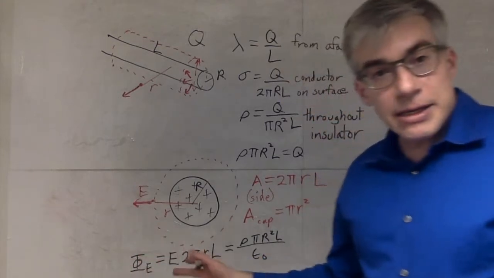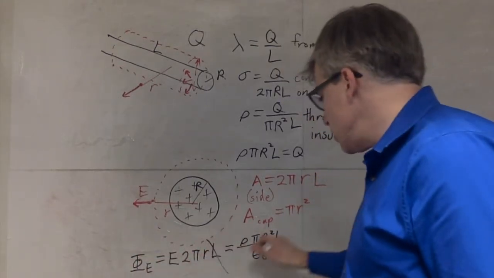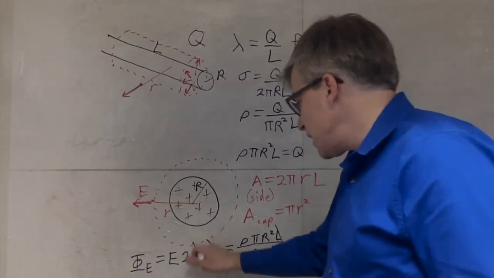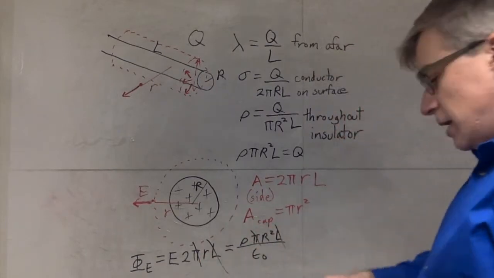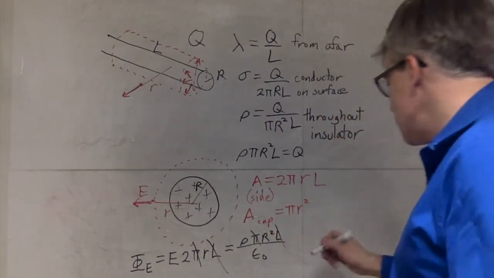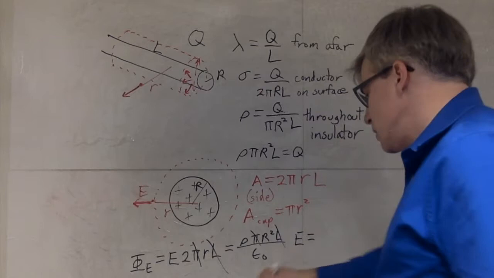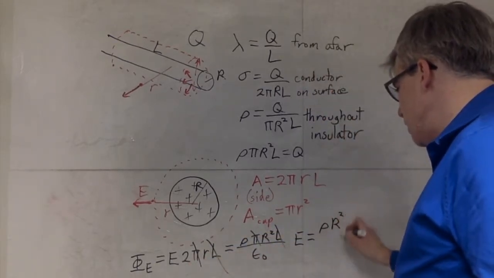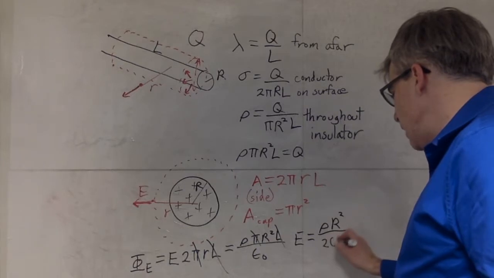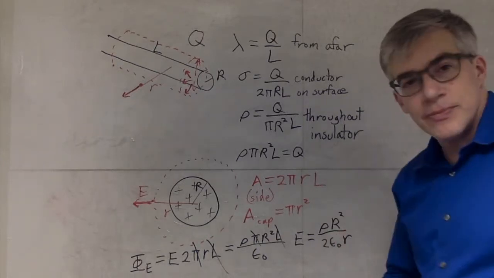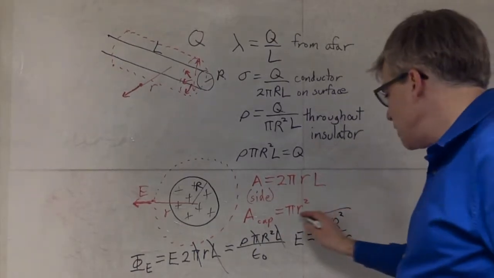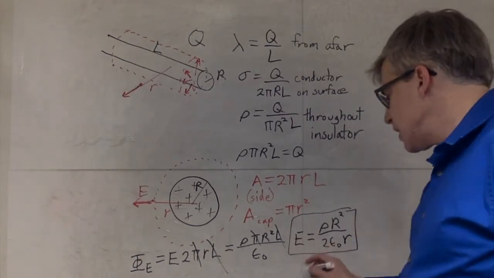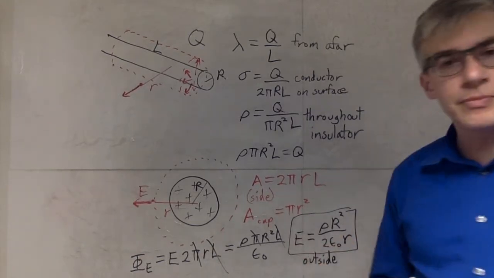If we divide, the L cancels, good news. Pi cancels. And we get an electric field: divide by 2r, and we get rho R squared over 2 epsilon naught r. So that would be one way of describing the electric field outside.